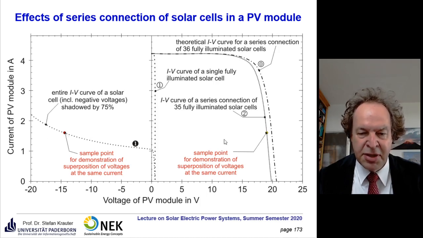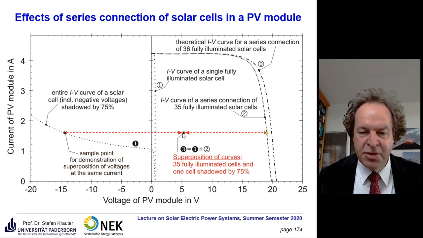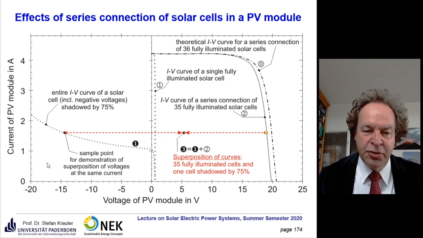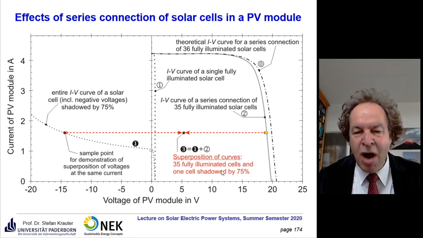We take this point and this point, while the current has to be the same, and put a straight line through them. Then we add up this voltage plus that voltage. This is the position of the curve. So we have a point of the new IV curve here, and we continue that for all other points, from this thin dotted line to this large dotted line, which creates our new IV curve.